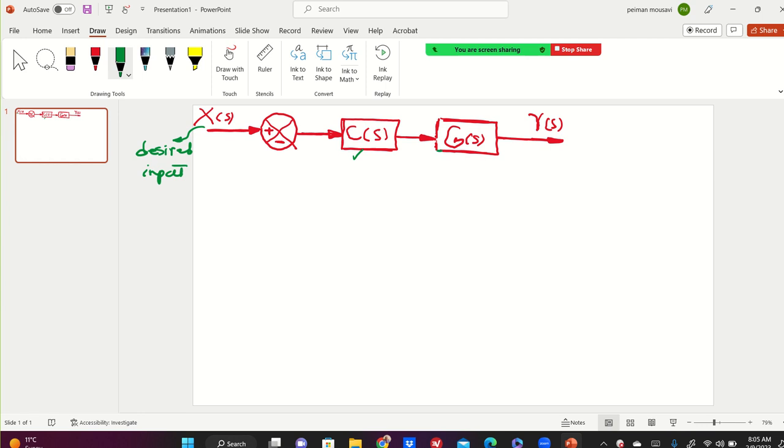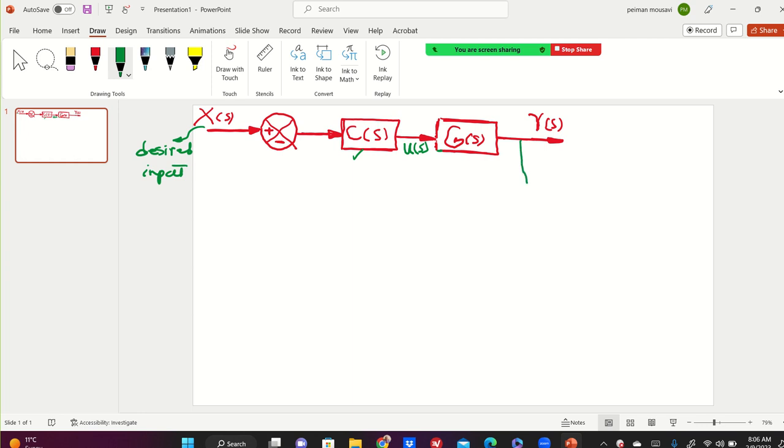This is going to send a signal, U of S, the control signal, to the plant. Your plant is the room space, the dynamics of that, temperature-wise. I'm going to teach that eventually in the modeling phase. And then it sends out the temperature to your room and you feel it.